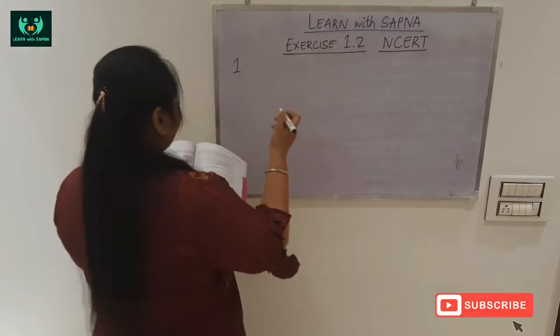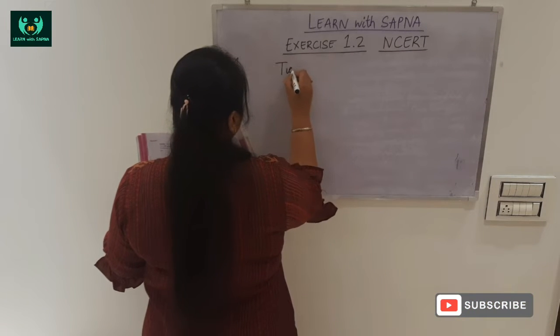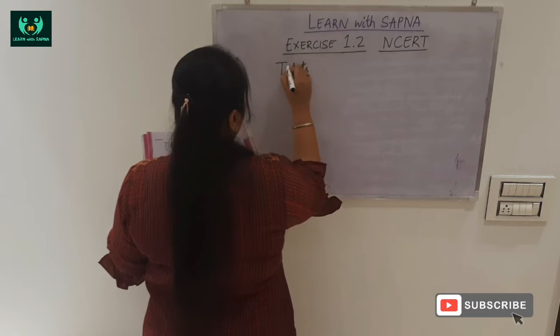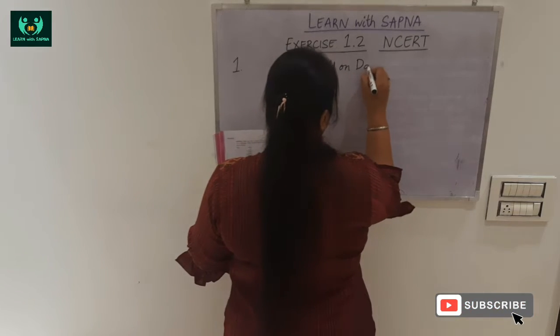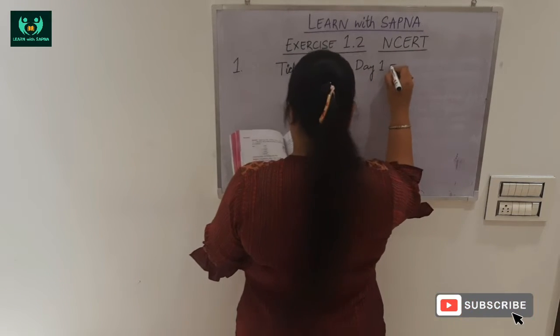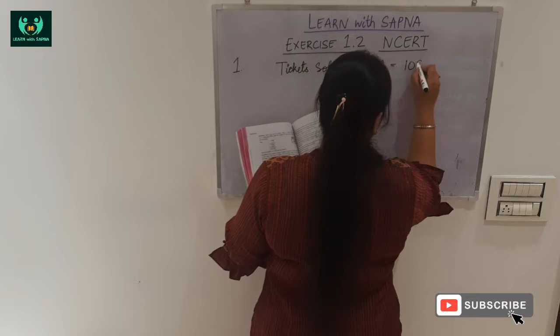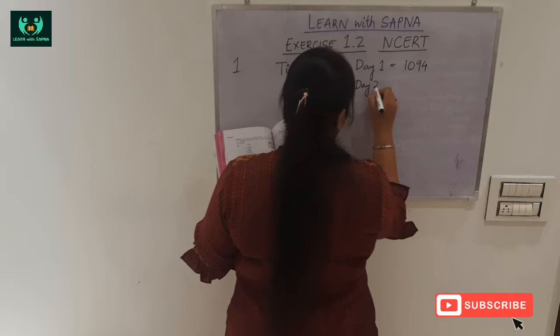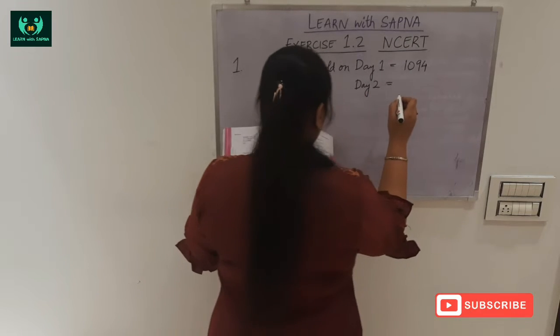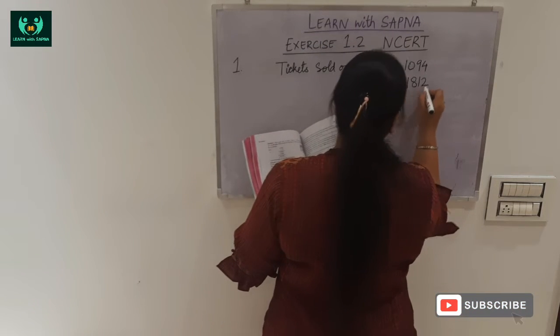So very simple. Tickets sold on day 1 is 1094. Day 2 is 1812.